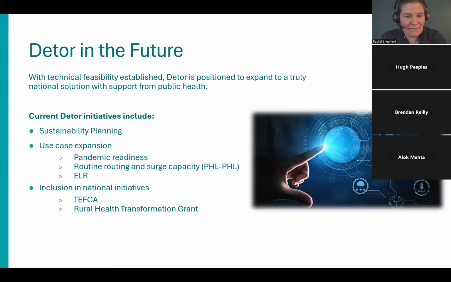They just kept that approach because it was already set up. But I don't think the CCHD and hearing data is included via Detor right now, I believe. So I just want to nuance that a little bit.